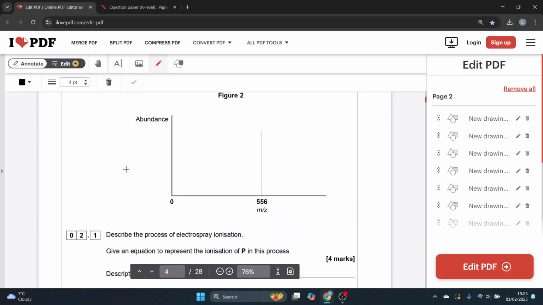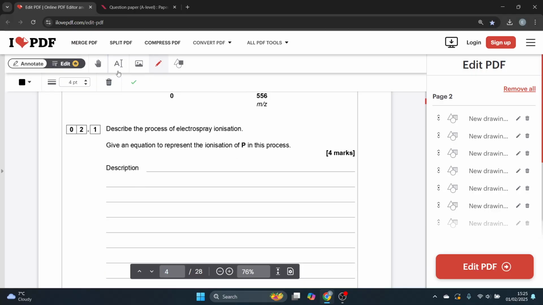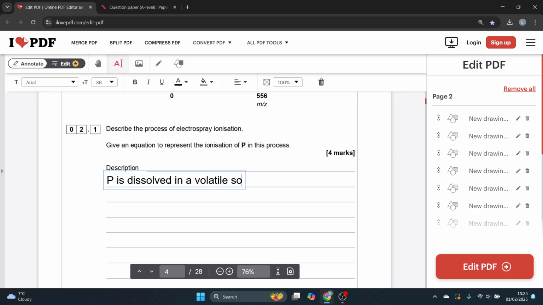Question 2. Describe electrospray ionization and give an equation. So describe the process. P is dissolved in a volatile solvent, injected through a needle at high voltage, and gains a proton.